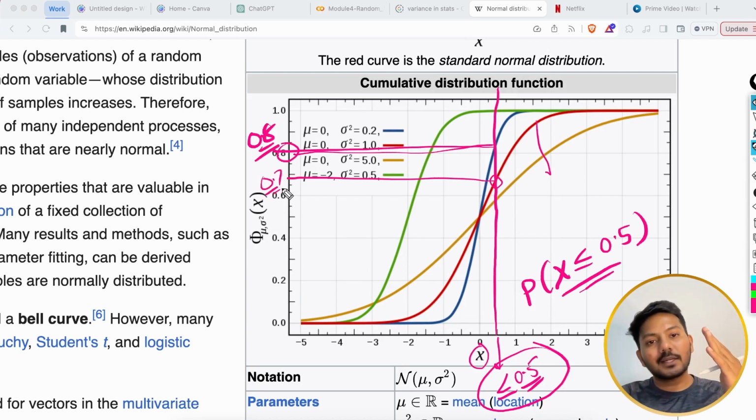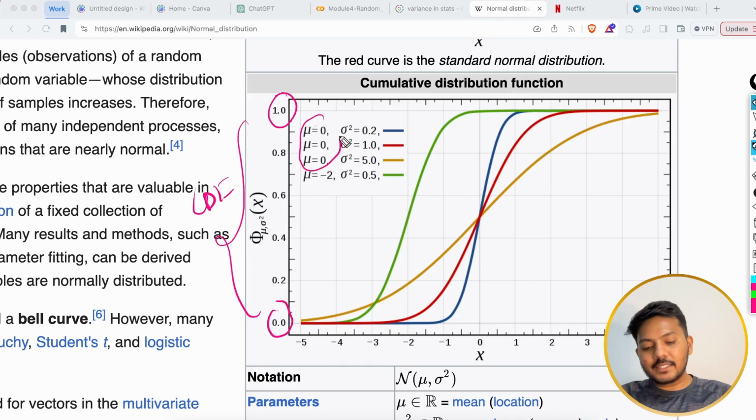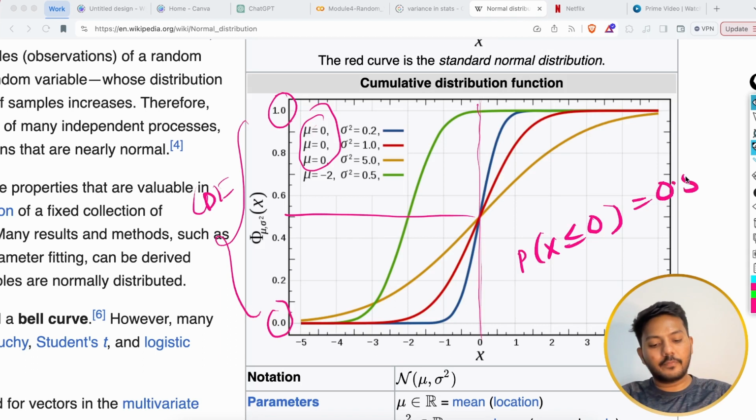So based upon the curve, the probability values will change, right? And if you observe carefully, we have values from 0 to 1. So this is called CDF. And when the mean is 0, it is centered at this point. What that means is, the probability that your random variable x is less than or equal to 0 is 0.5.